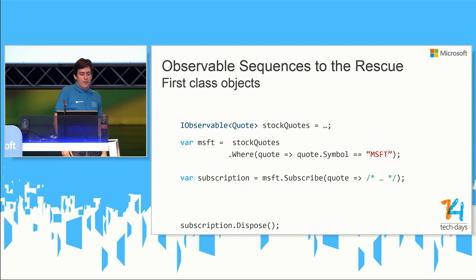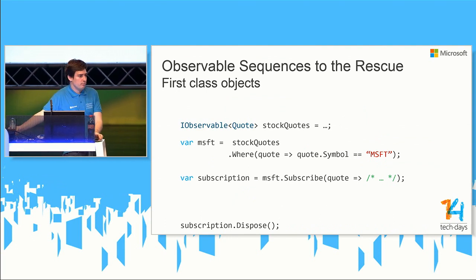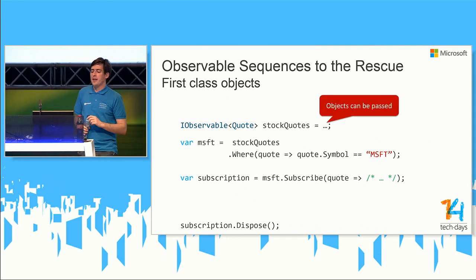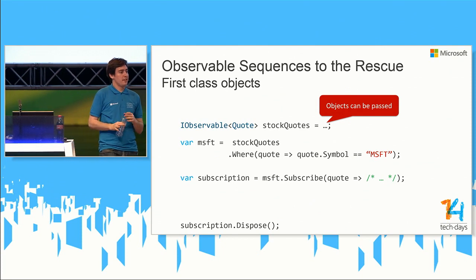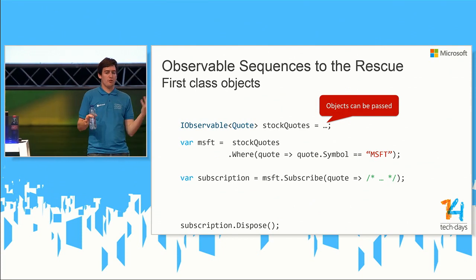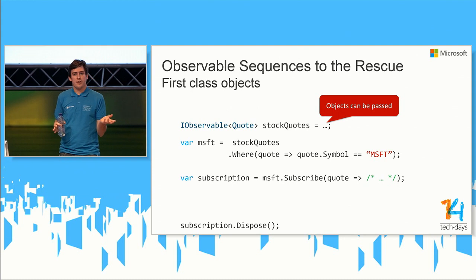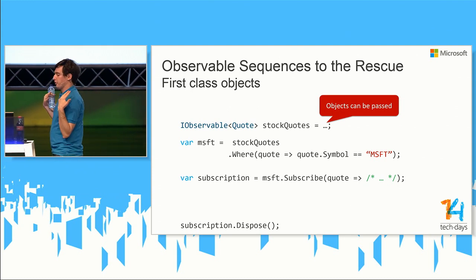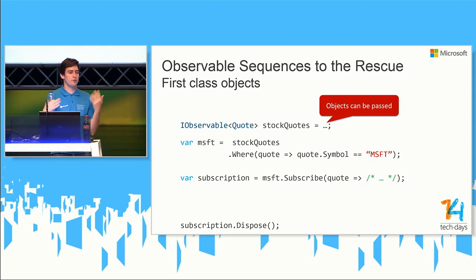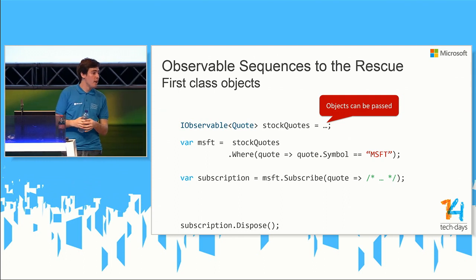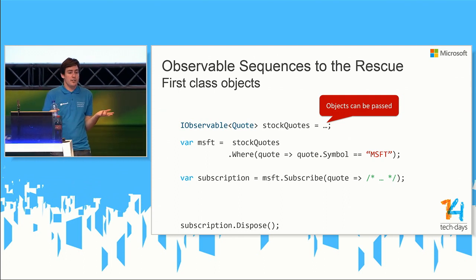Now, with observable sequences, we can do, of course, quite better. First of all, because things are represented as objects, like IObservable of T, we can pass those guys around. So you can build libraries, you can have your constructor to your UI take in the source of the data that you want to subscribe to, which also means somebody can mock that very easily.